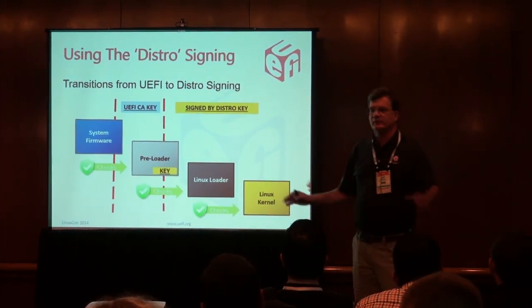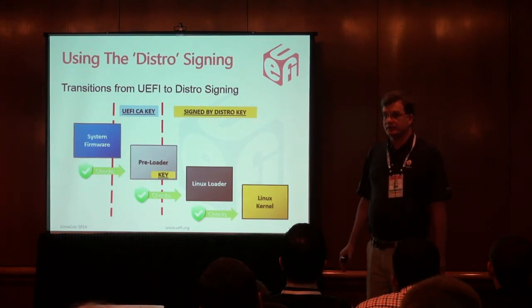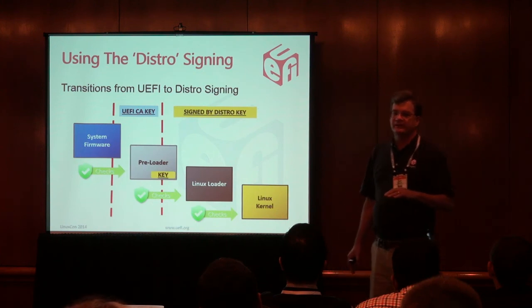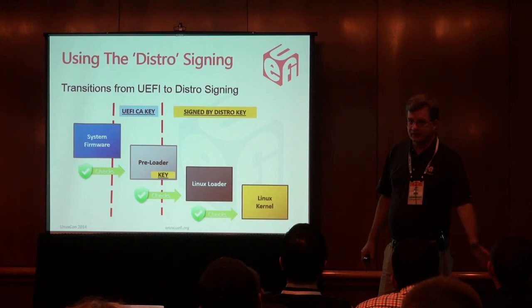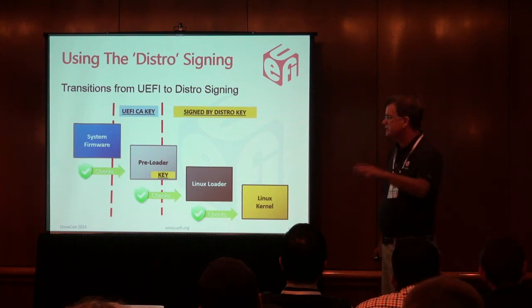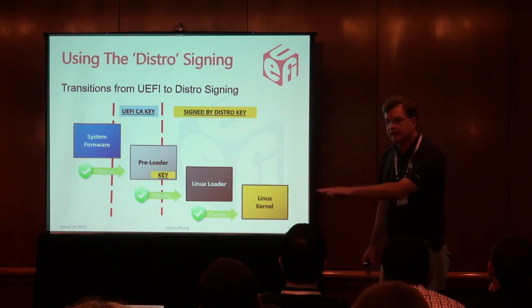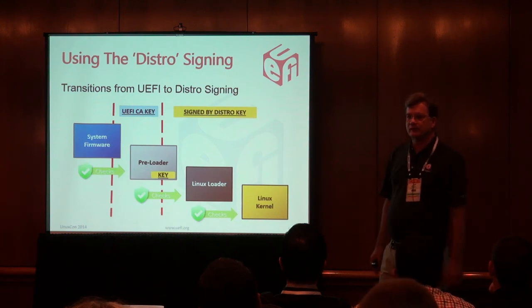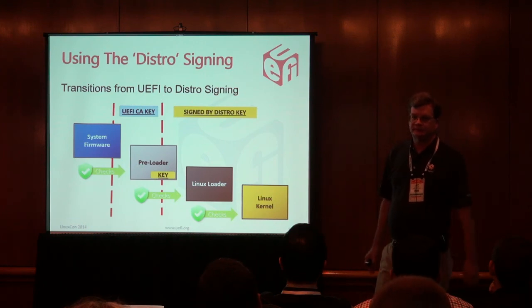So from this point forward, all three of those keys are trusted. They're three separate domains. We trust anyone signed by the firmware factory keys, we trust anyone signed by the distro keys, and we trust any binary that's signed by the MOK key. So it's an expanded security envelope.